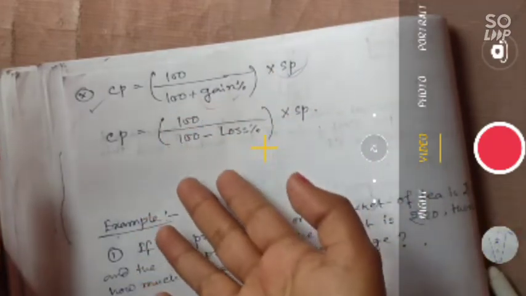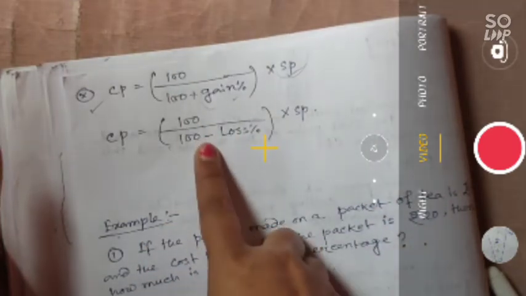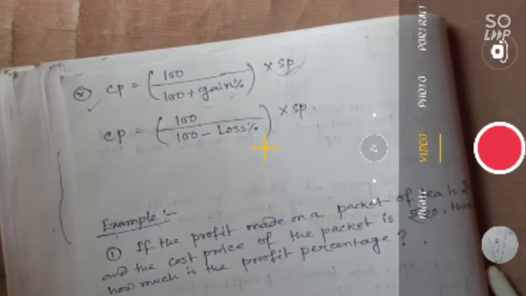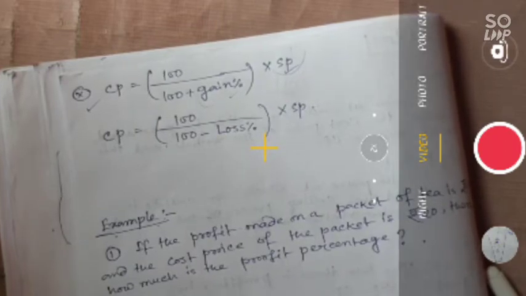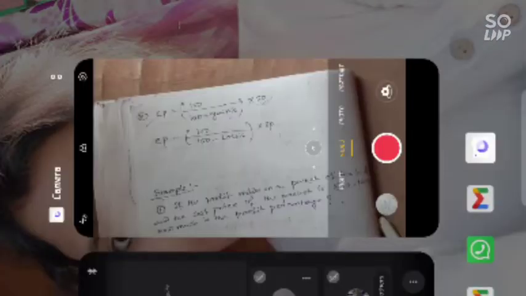In the case of loss, it is the same formula, but you have to put minus here. Okay, this is the whole concept of profit and loss. So now everyone tell me if you have any doubts or any queries.